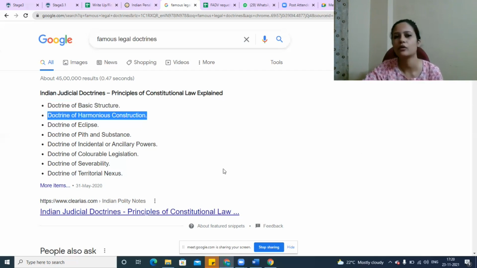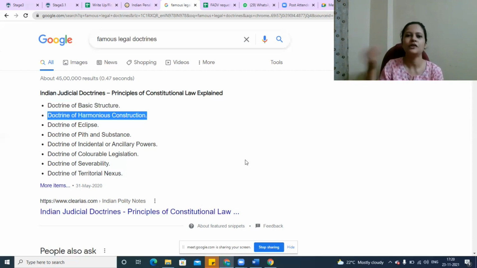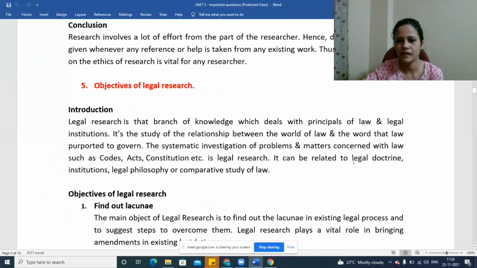Those are nothing but doctrines, or you can say theories or principles which apply, and there are multiple such doctrines in law. In different subjects you will see that, and for different subjects you will get different types of doctrines. You can simply remember it as a theory that will apply in a similar given situation.